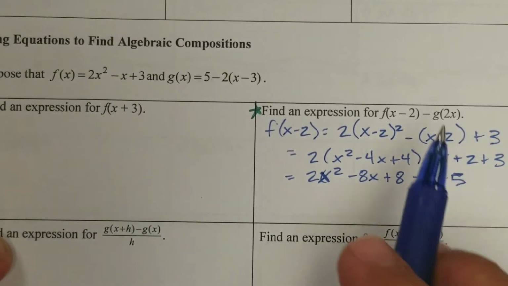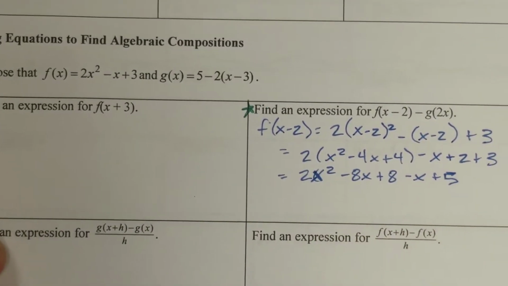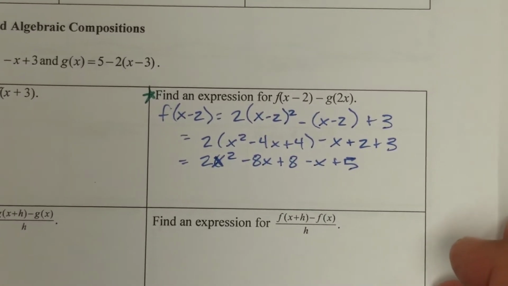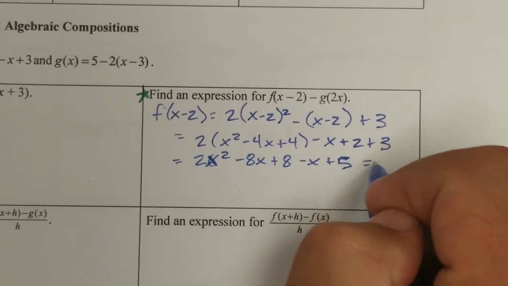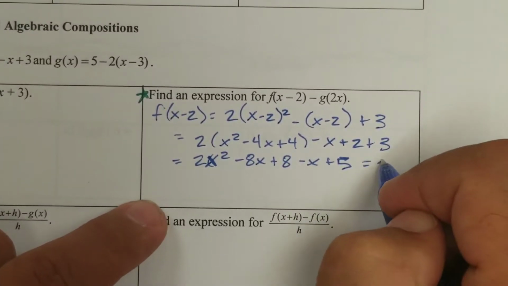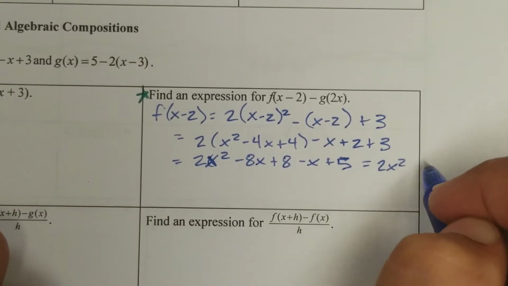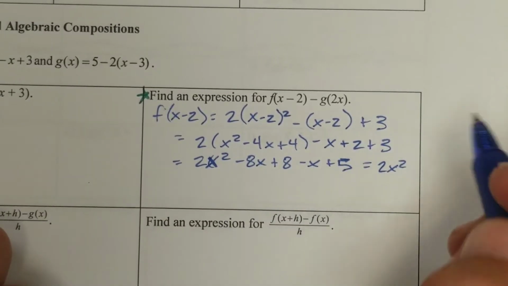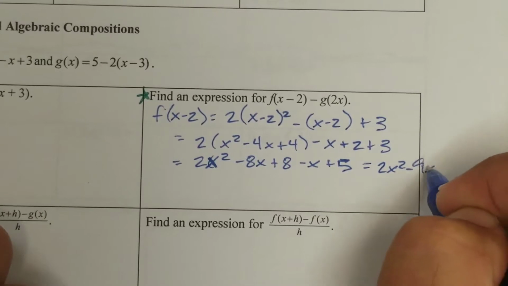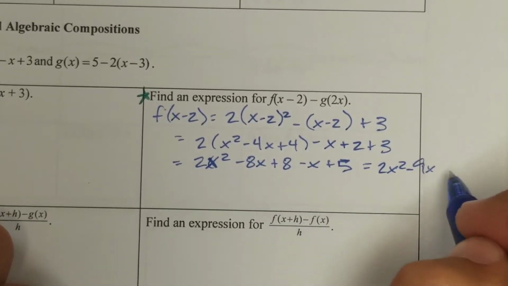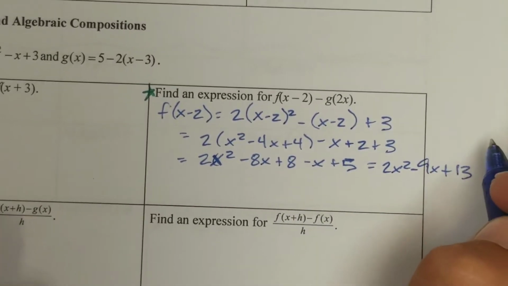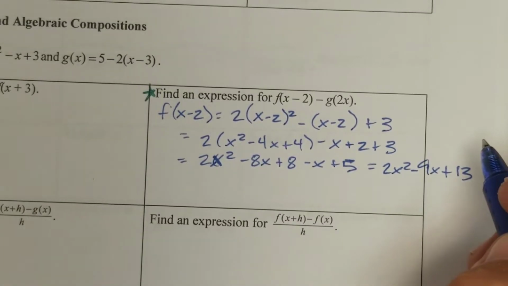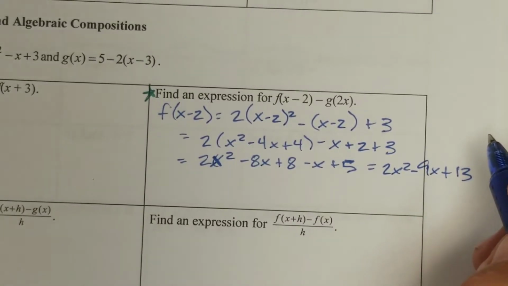And then there's some more like terms. And I'll get 2x squared minus 9x plus 13. Okay.